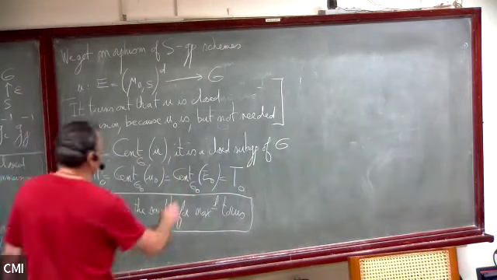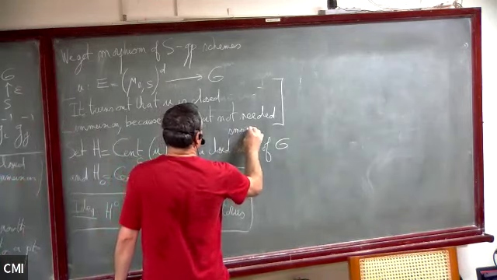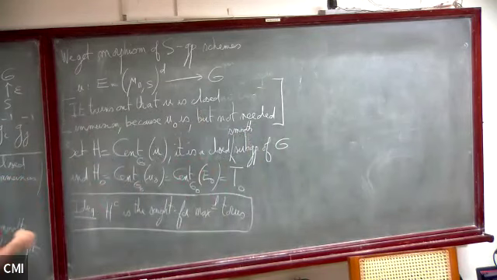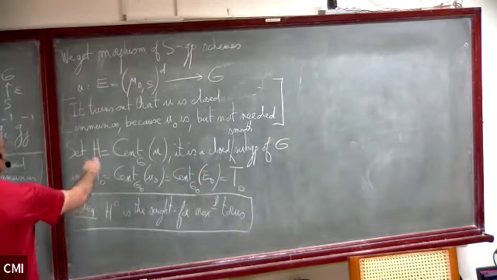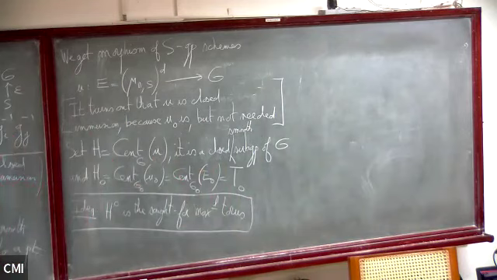Well, it is smooth because we saw that when we take the centralizer of a group of multiplicative type, it is smooth. Okay, and so the theorem.